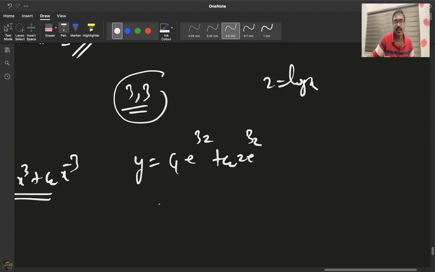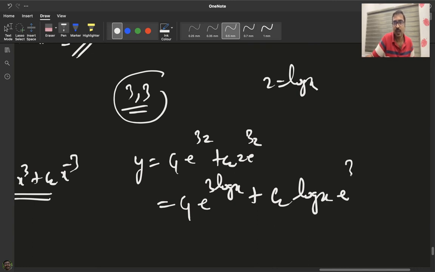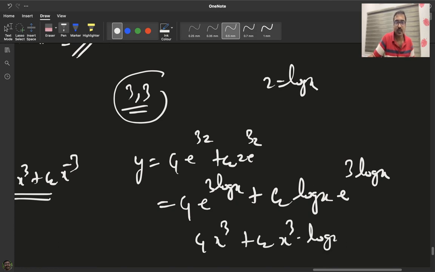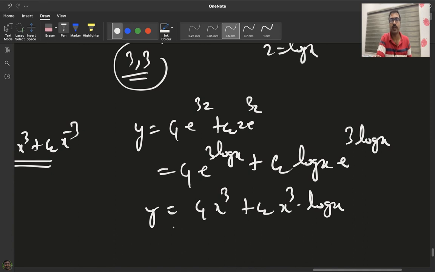So you get c1 e raised to 3 log x plus c2 log x e raised to 3 log x. From that I get the answer c1 x cube plus c2 x cube into log x. So in the case of equal roots also, find the solution in terms of z and give back the value of z as log x.